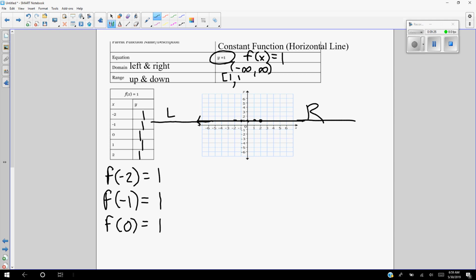We go [1, 1], since it's the only y value. If you just wrote it as a single number, that would be accurate as well.